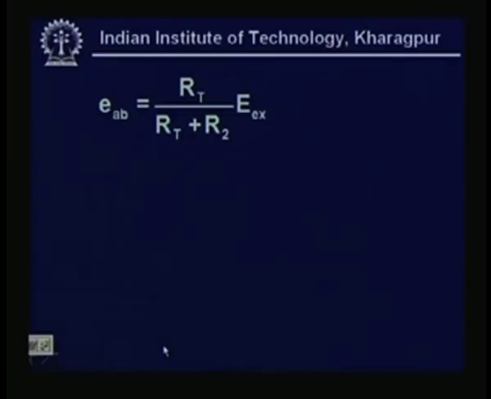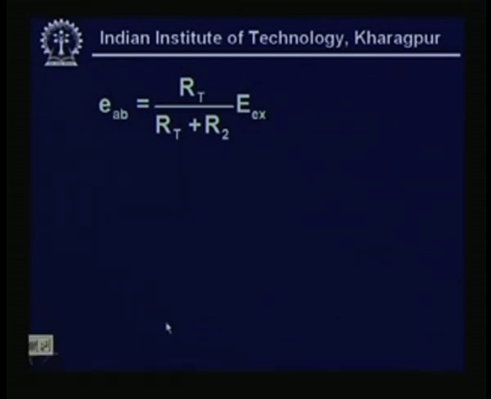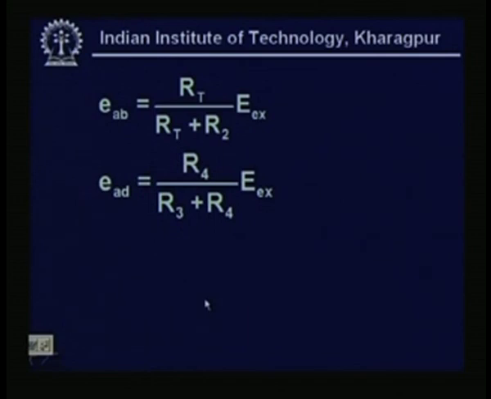Now, EAB you can simply see will be equal to RT upon RT plus R2 multiplied by EEX, because this is our excitation voltage. Then EAD will be equal to R4 upon R3 plus R4 multiplied by EEX, where EX is the excitation.